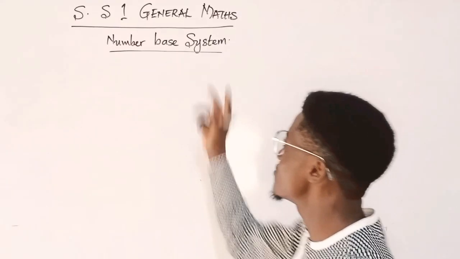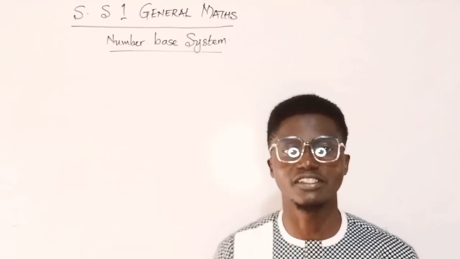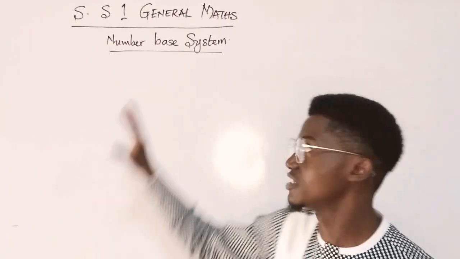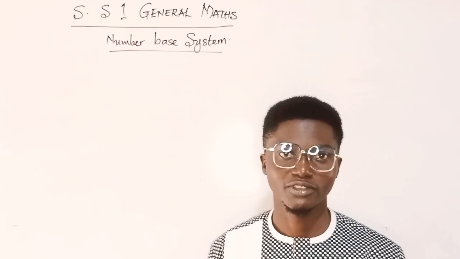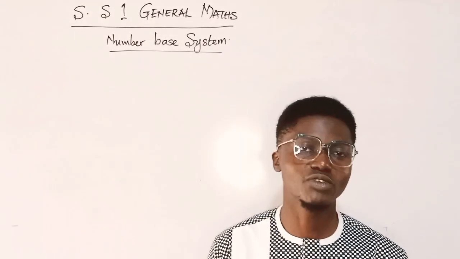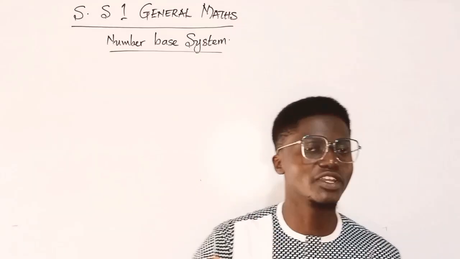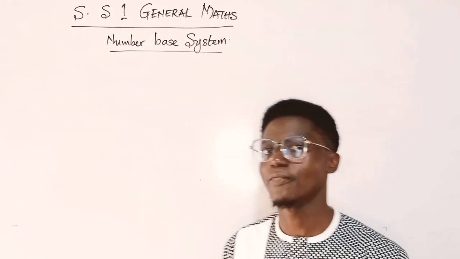Let's start. Number-base system. There are some tips that we need to understand before we go into detail in these areas of study. We have a series of numbers. When we started from primary one, we started with 1, 2, 3, 4, 5, 6, and so on and so forth. We counted them to uncountable numbers.